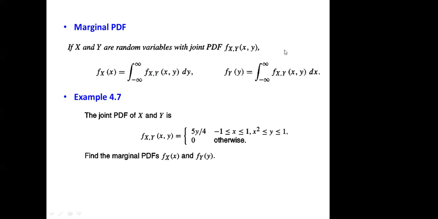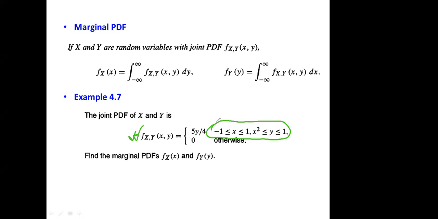Let's solve this example first. Example 4.7: the joint PDF of x and y is this one. The limit is given like this, x from -1 to +1, and y from x squared to 1.